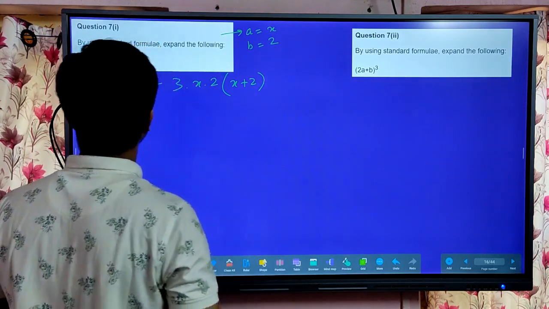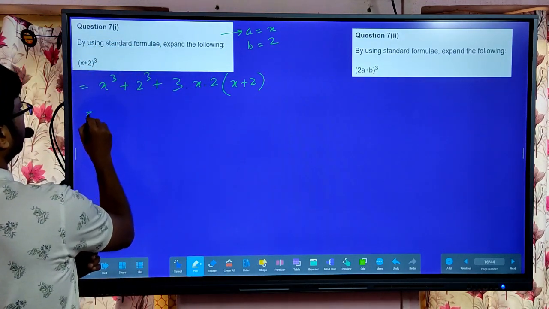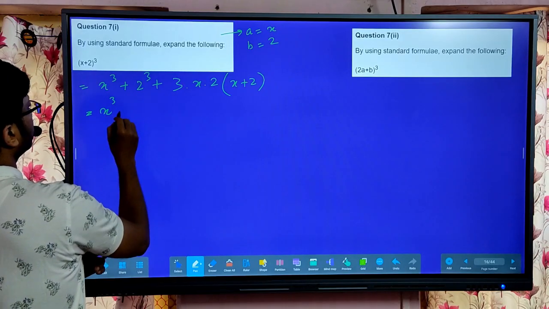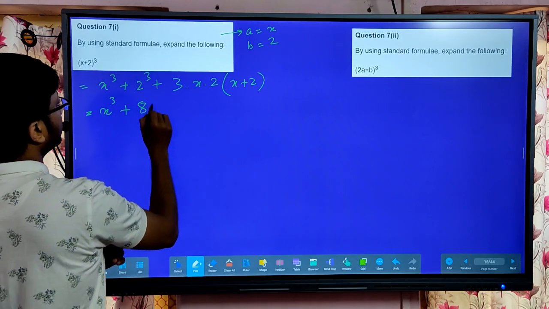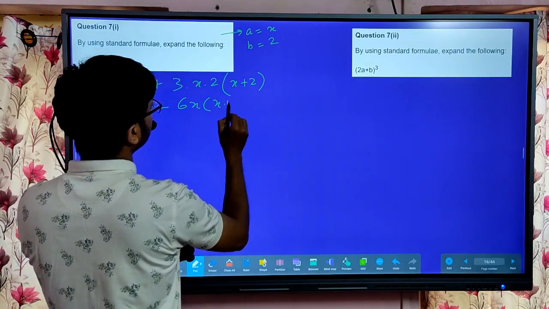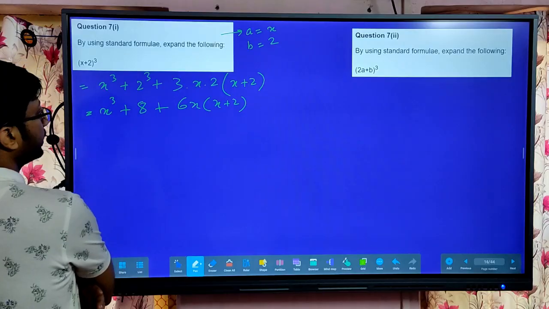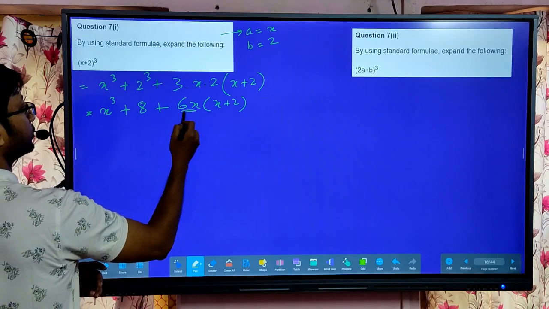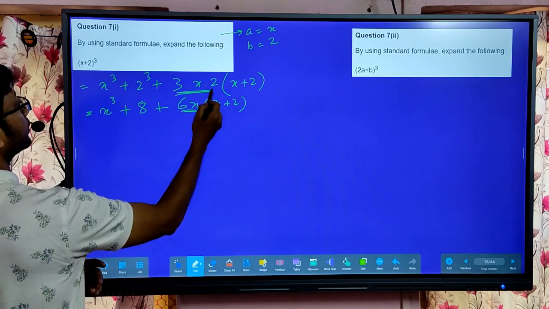Let me see. It will be x cube plus 2 cube is 8 plus 6x into x plus 2. If you expand, 3 twos are 6x, okay, this portion 3 twos are 6x.